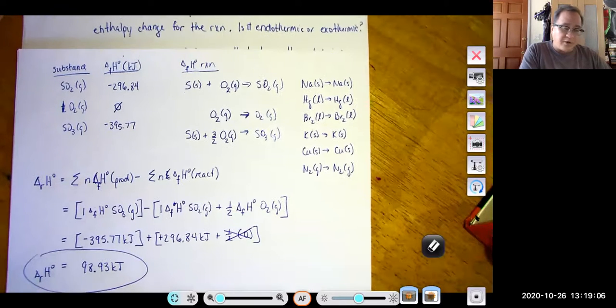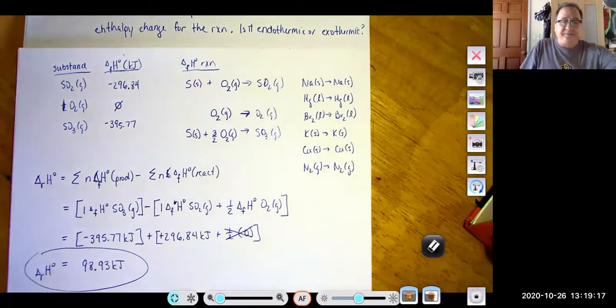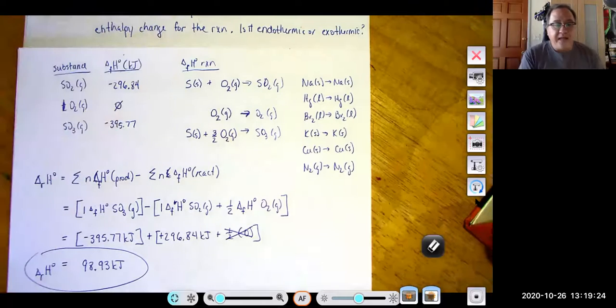Is it endothermic or exothermic? If you think it's exothermic, pick go slower. If you think it's endothermic, pick go faster. Endothermic, go slower. Exothermic, go faster.